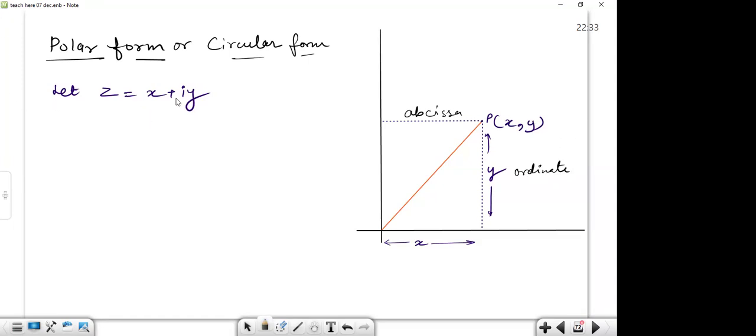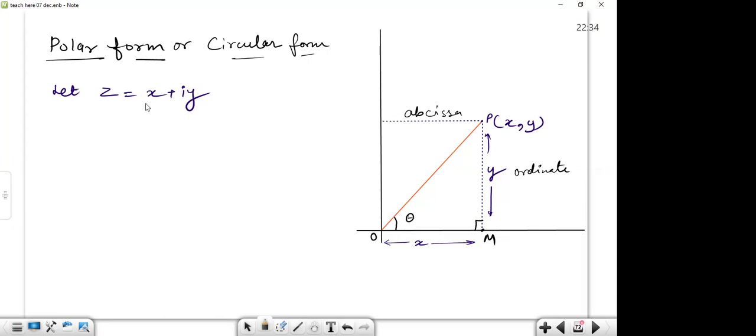Let's discuss the right angle triangle that we are seeing here. This is the origin, this is OP. Let's say this point is M. In triangle OPM, what is this angle? The argument, amplitude. Yes, this is the argument.